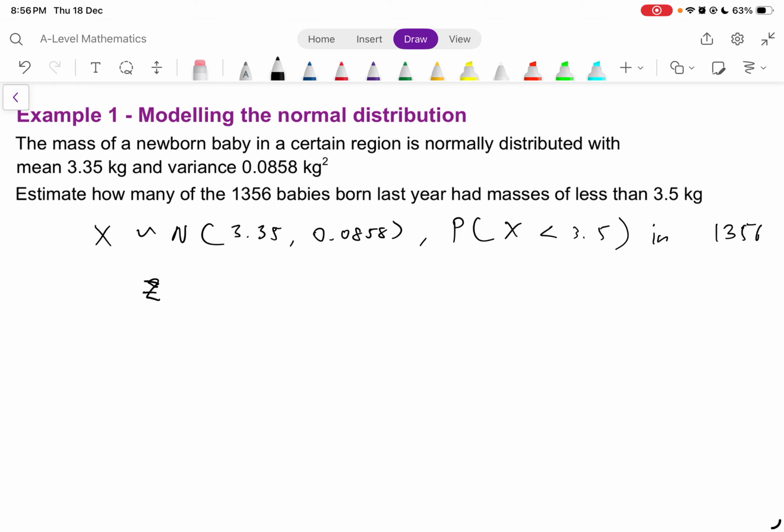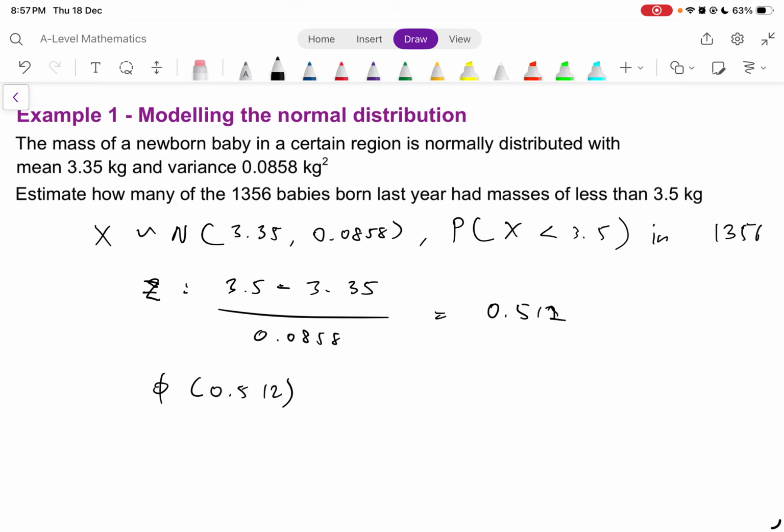So, the z value is equals to 3.5 minus 3.35 over 我们的 0.0858. So, that results into 我们的 0.512. Using the standard normal distribution table or z table, 我们可以找到它是 0.6957.